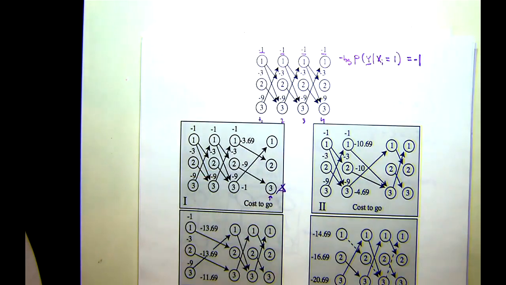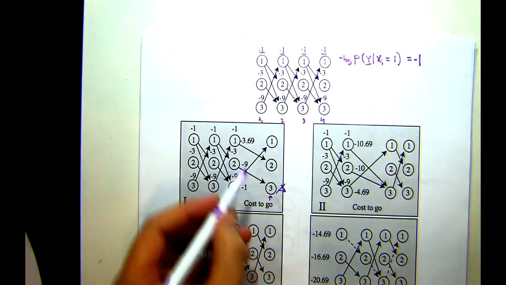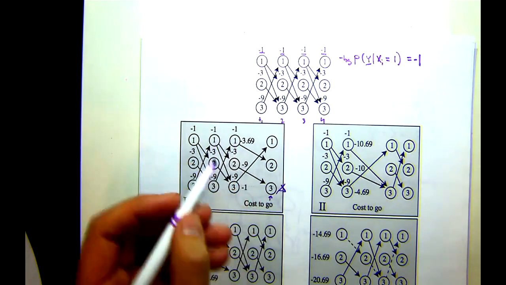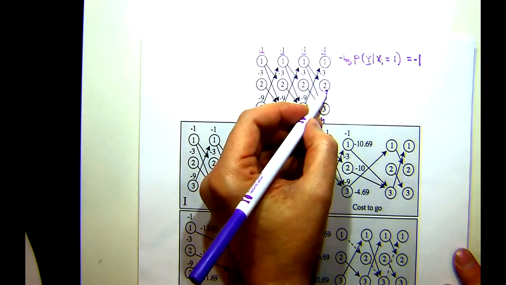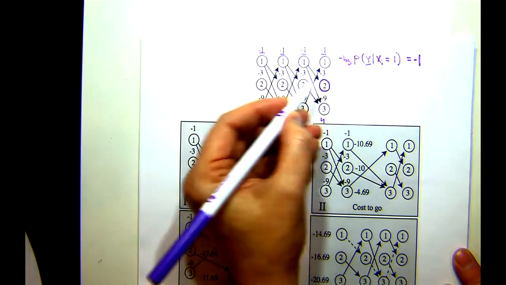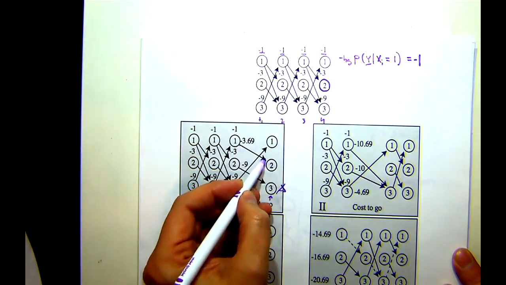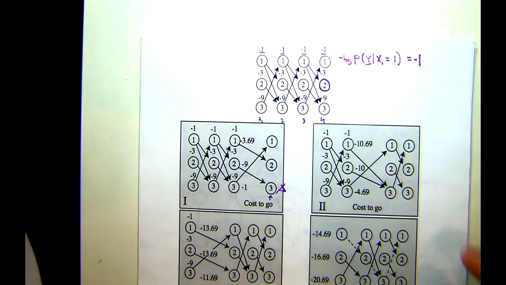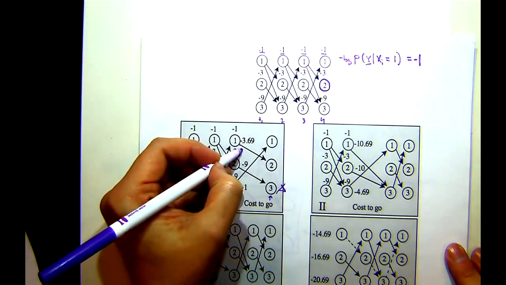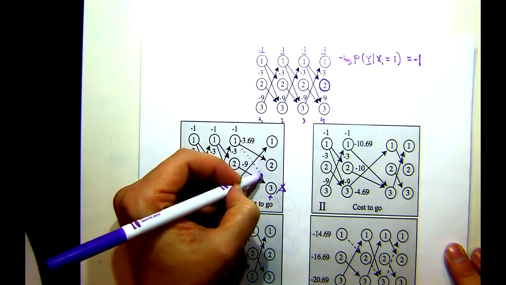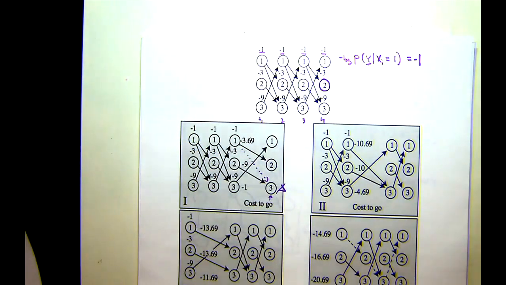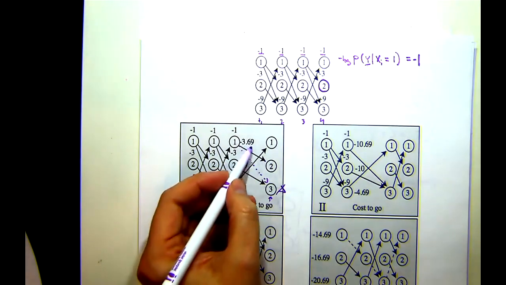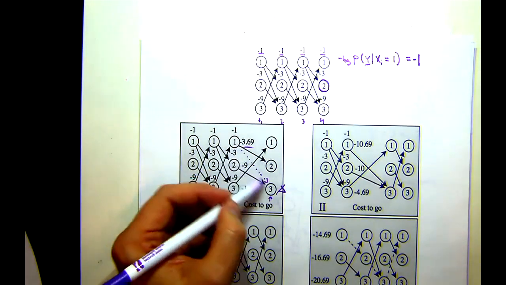So obviously this is going to be our best path. The cost to go is going to be equal to the cost of arriving at the node and the cost of taking the path. Sorry, I lied. You can go from 1 to 3 also. So let's look at both of these. This happens to be the best path, but we can look at both of these.